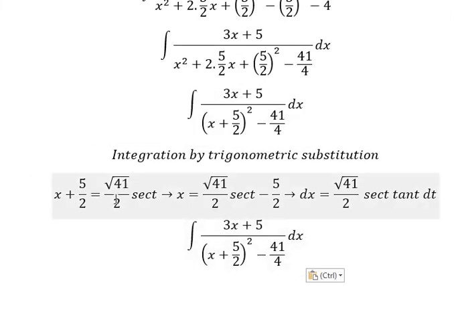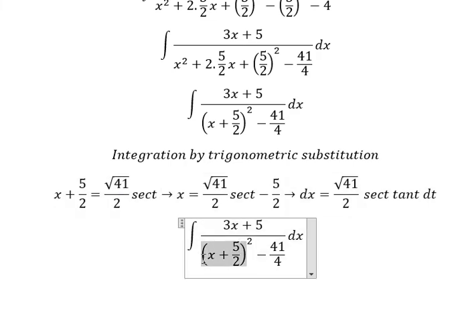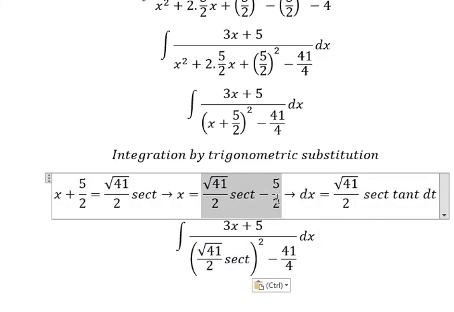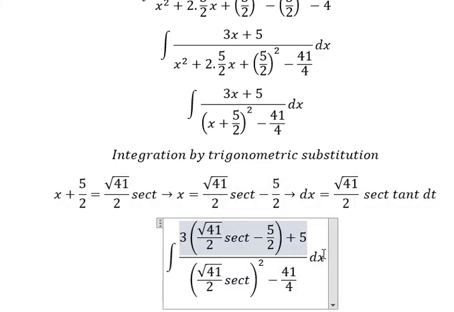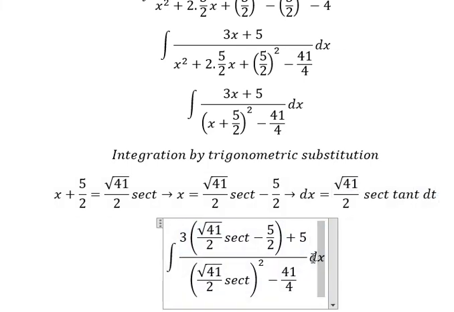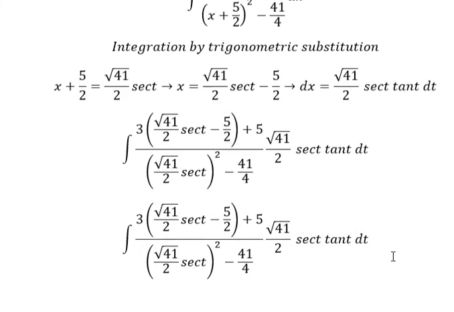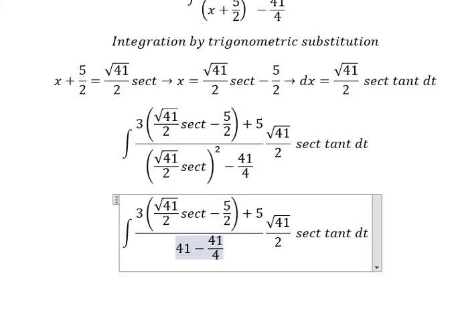So we put this one in here. The s we change for this one. So this one we got 41 over 4, and we got secant of t squared.